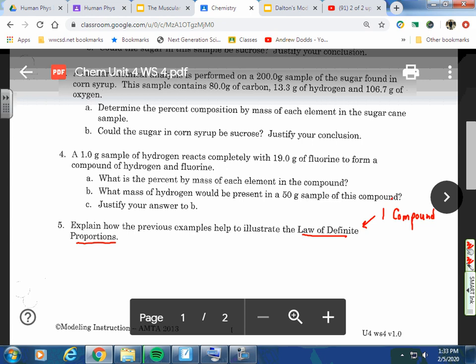And basically what we're saying is, no matter how much water we have, in this example H2O, we're always going to have the same amount of hydrogen combining with the same amount of oxygen.